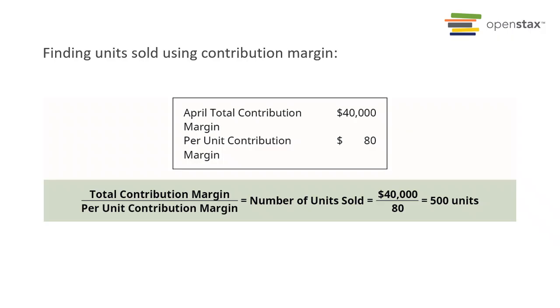If I have my number of units and my total, I can get to the per unit contribution margin. It's all just basic arithmetic being applied in a thoughtful way to the business.